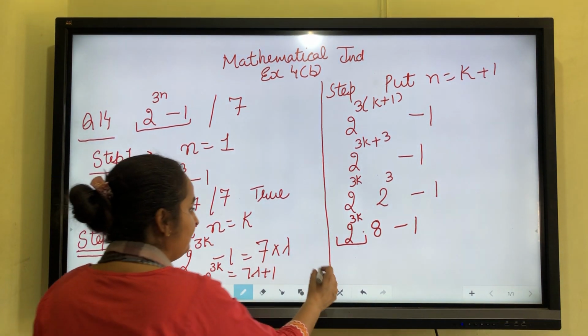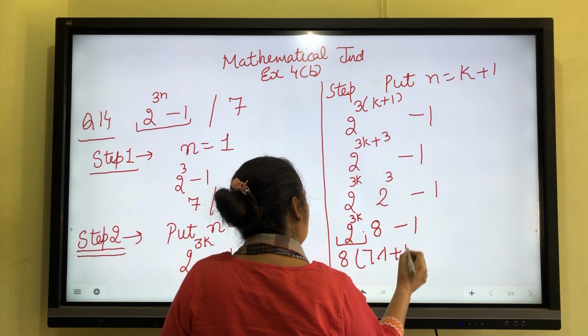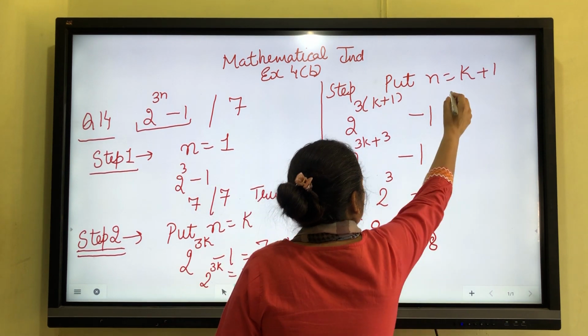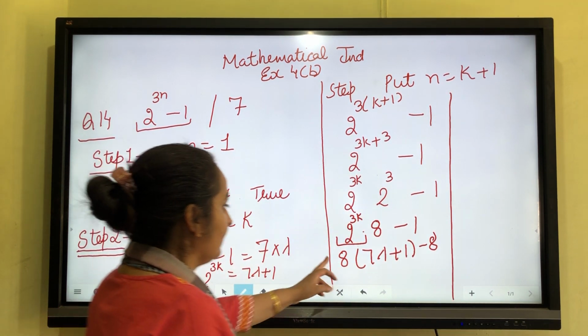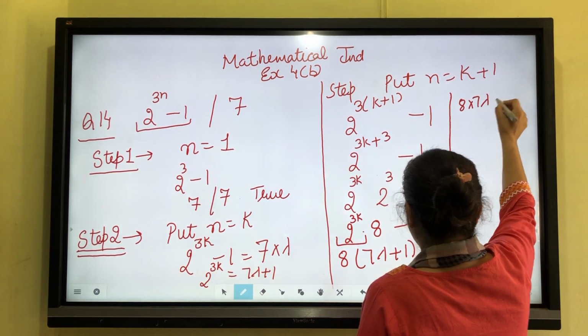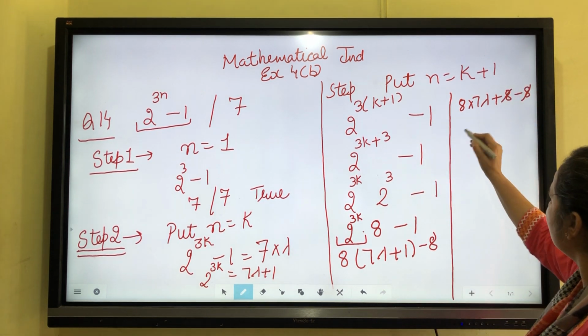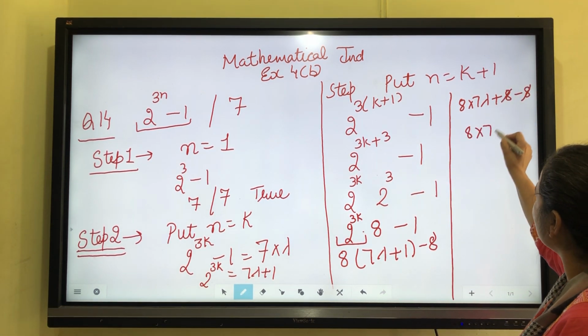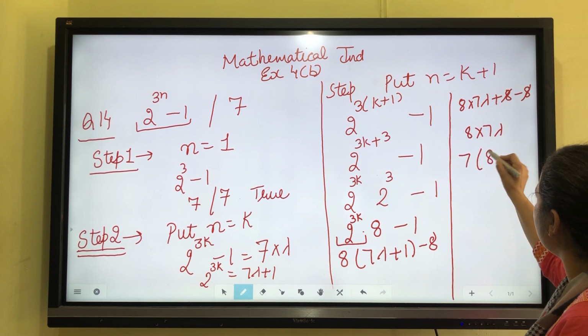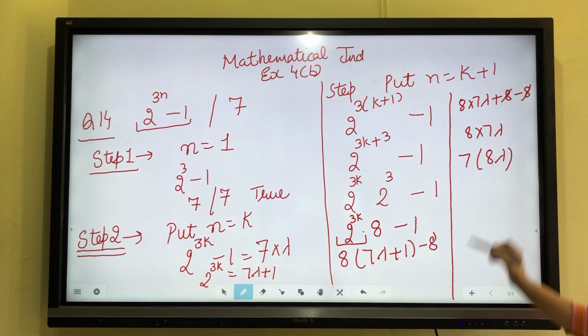What's the value? 8 into (7 lambda plus 1) minus 1, that is 8 times 7 lambda plus 8 minus 1. Here 8 multiplied by 7 lambda is 7 into 8 lambda. We get here that this is a multiple of 7, which means the third step is also divisible by 7.